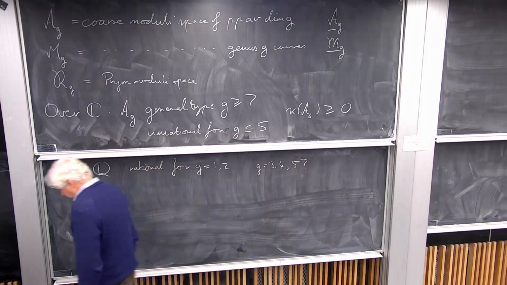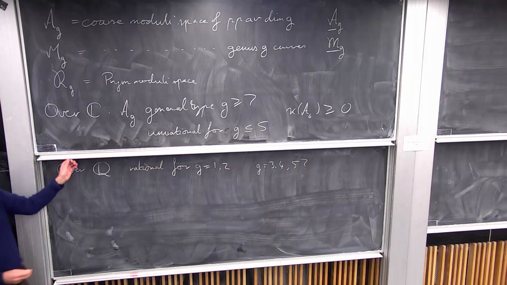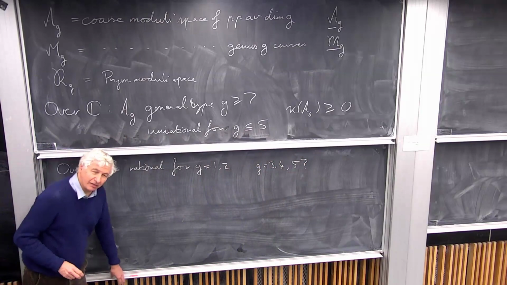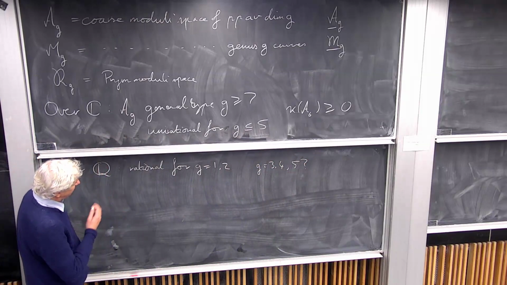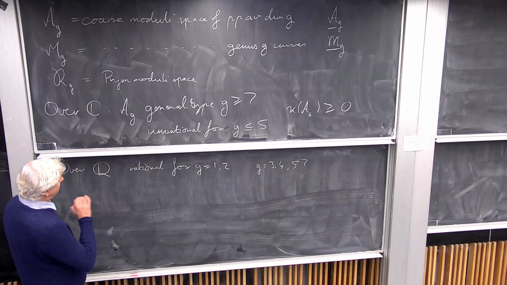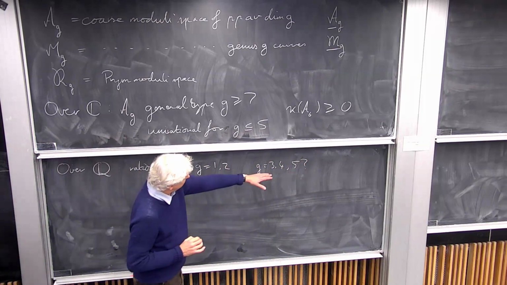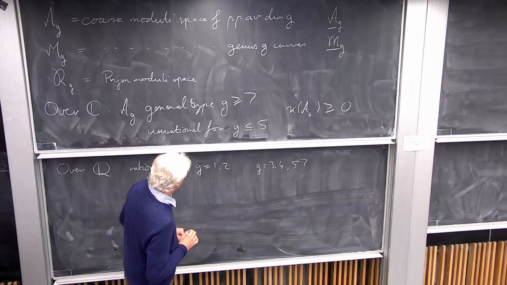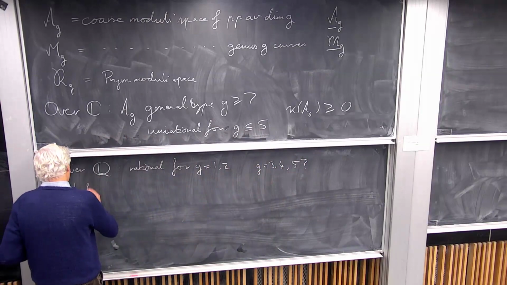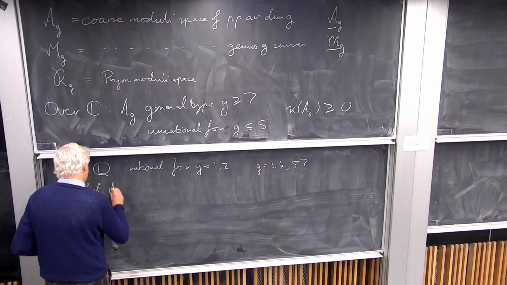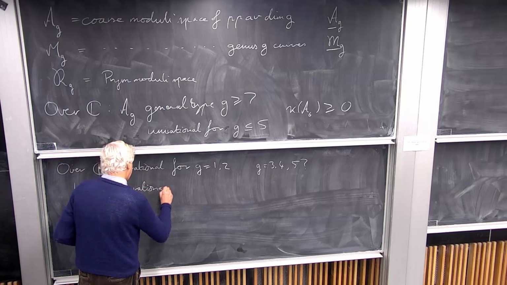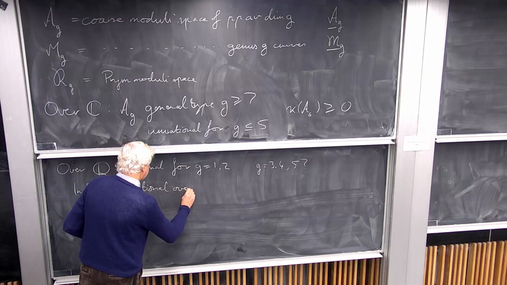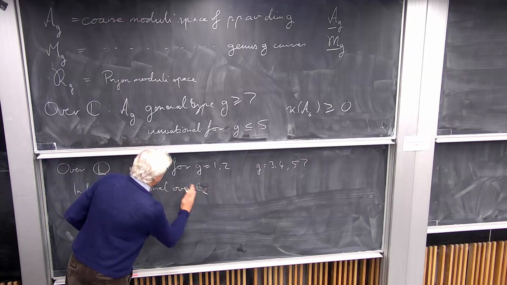I will explain how we got interested in this when I get to the point where we answer the question that we were asked. But these are reasonable questions in themselves. And another thing is that, in fact, A3 is actually rational over C, sorry.